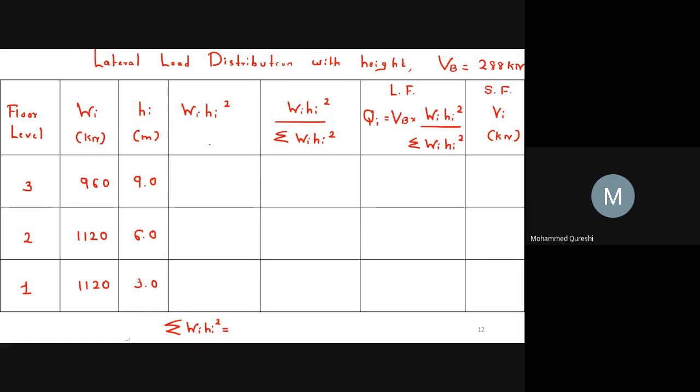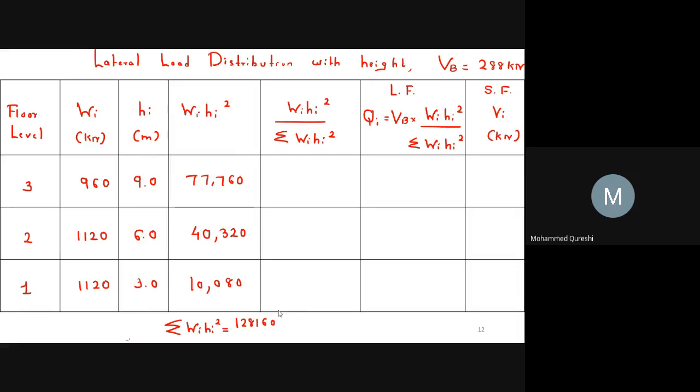So Wi Hi square will be 960 into 9 square. So you will get the value as 77760. Next 1120 into 6 square. So you will get 40320, and 1120 into 3 square. You will get the value as 10080. So summation of Wi Hi square will be 128160.